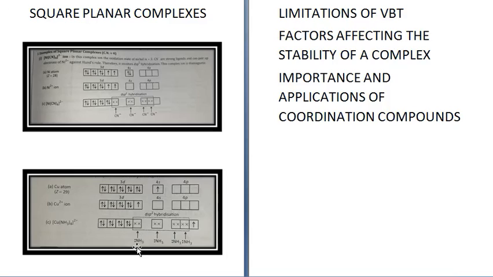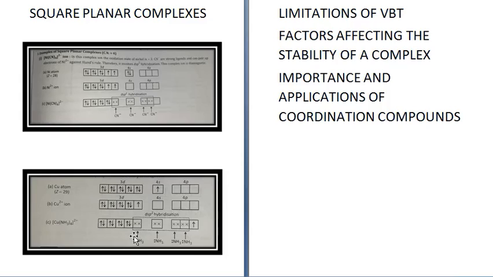Then each of the 4 ammonia molecules forms a coordinate bond and gives a lone pair to these hybrid orbitals, and a square planar structure of Cu(NH3)4 2 plus is formed.